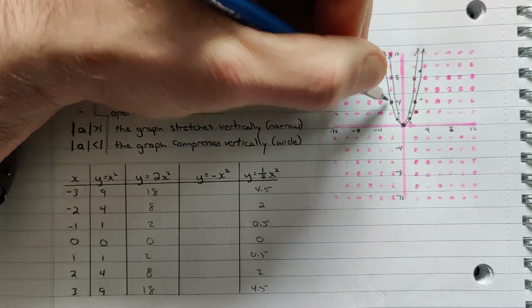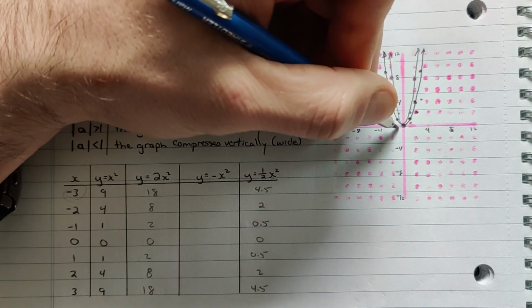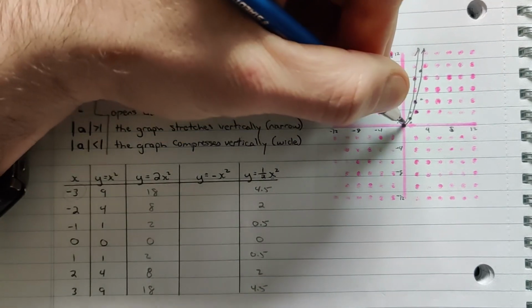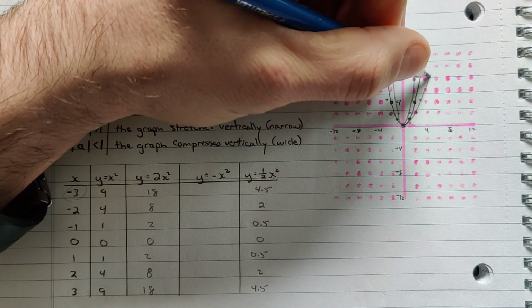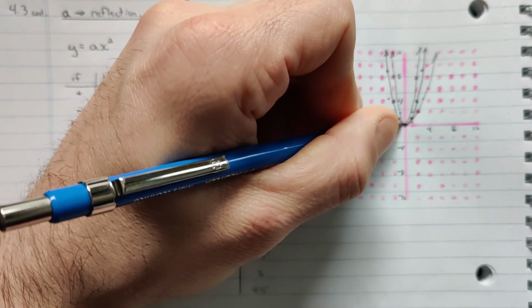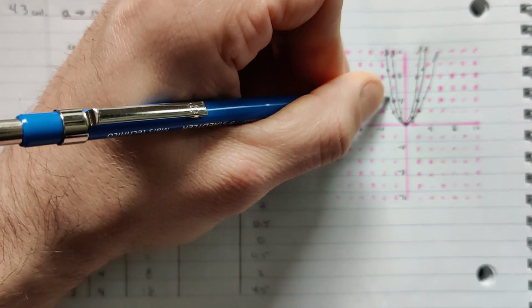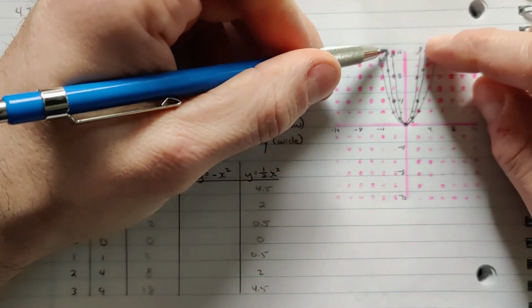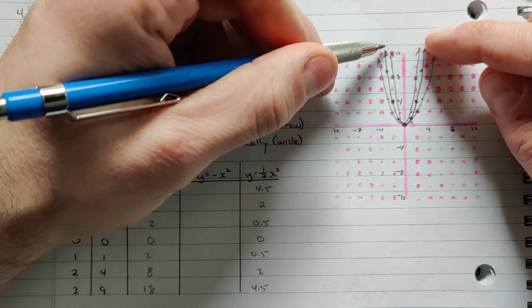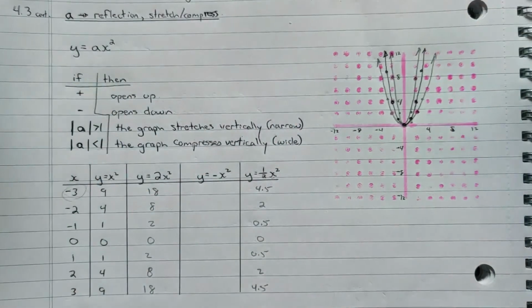If I do the rest of these, what I'm getting now is a wider looking graph. So we're actually pushing this base graph down, and as we push it down, it needs to widen itself out.